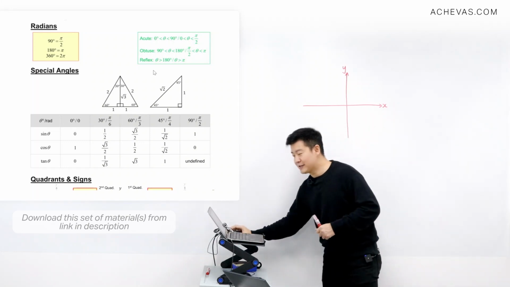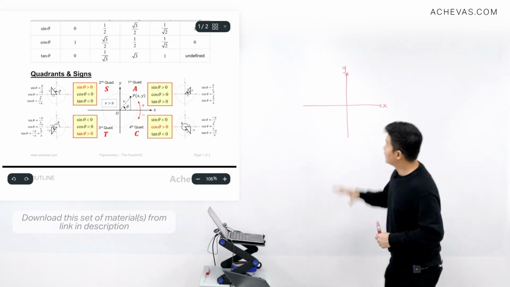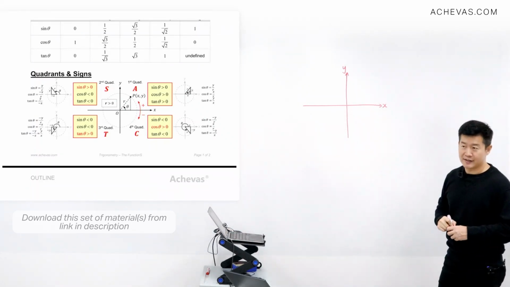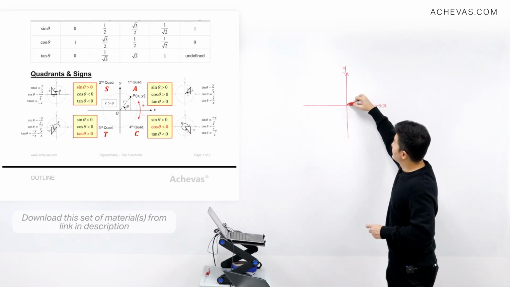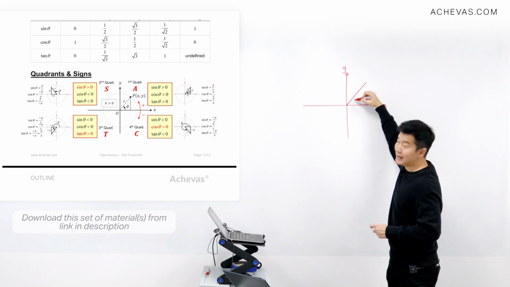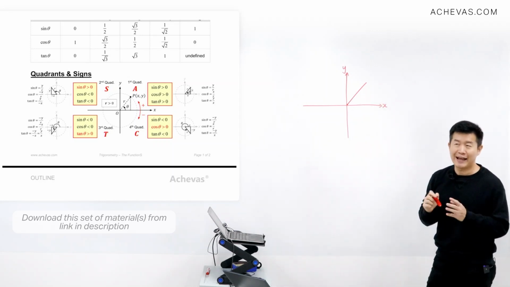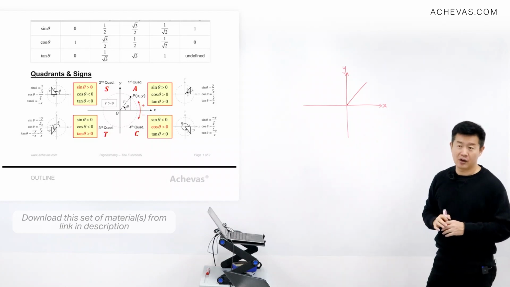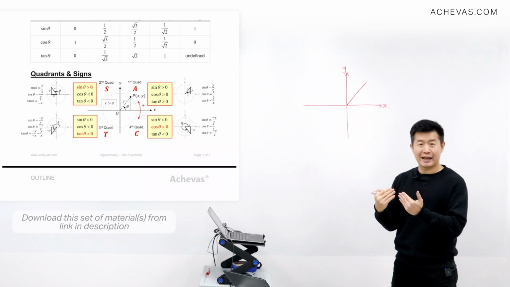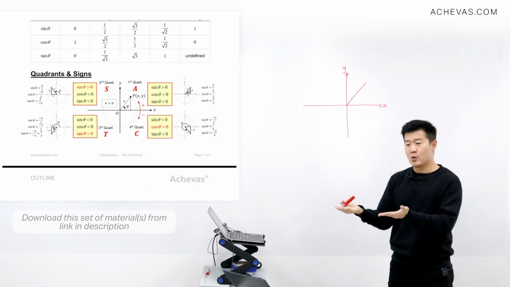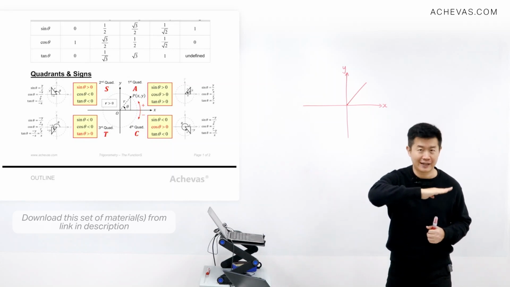So let's say I want to represent 45 degrees. To represent 45 degrees on an XY axis, we will represent it by this angle here. And why is it specifically this angle here? Because the angle convention on an XY axis indicates that we will always reference the angle, let's say 45 degrees, first from the positive x-axis.